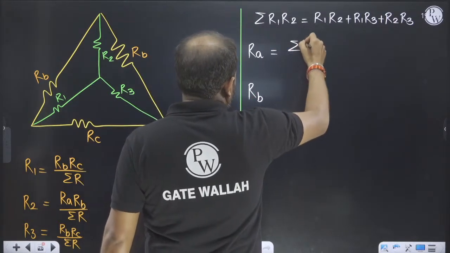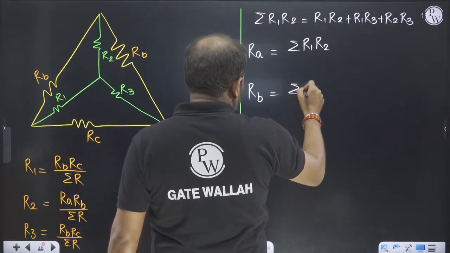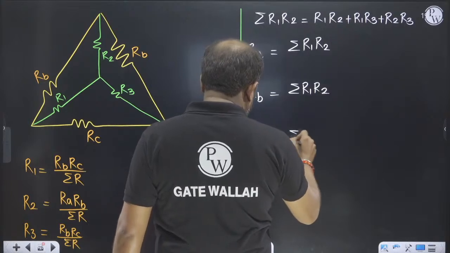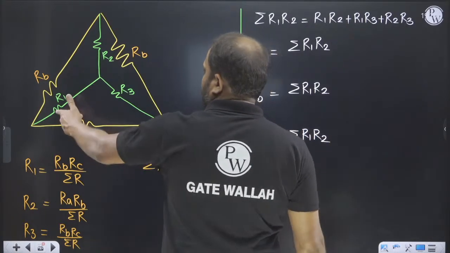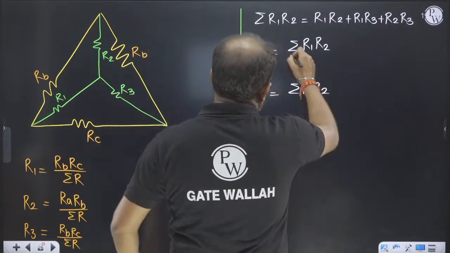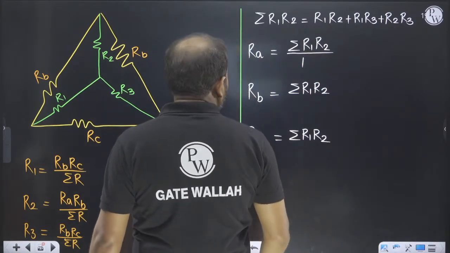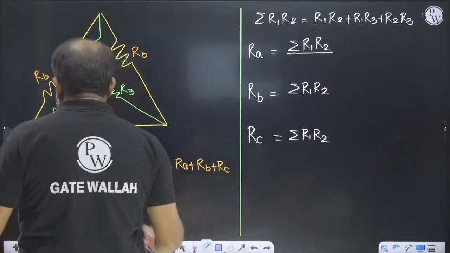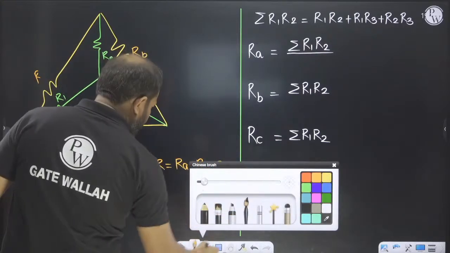RA is equal to summation of R1 R2, this one is also summation of R1 R2, and this one is also summation of R1 R2. And in place of R1, opposite side is RB. So for RA, here this one is RA.